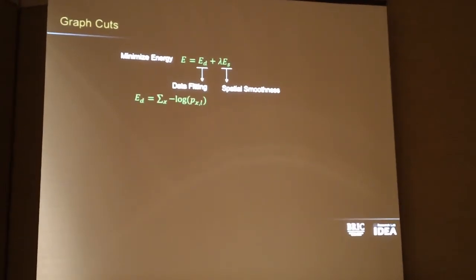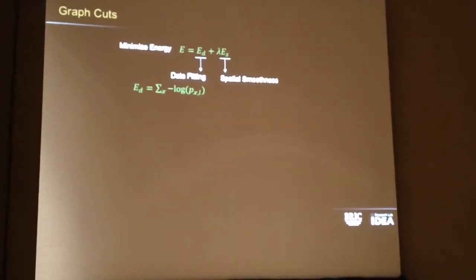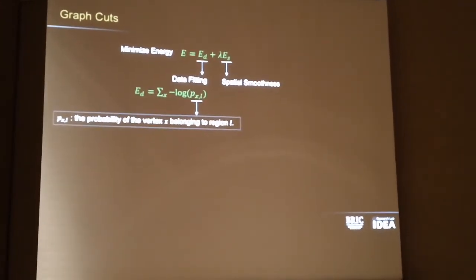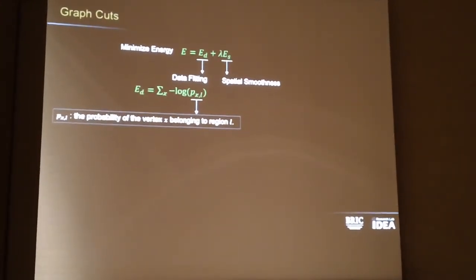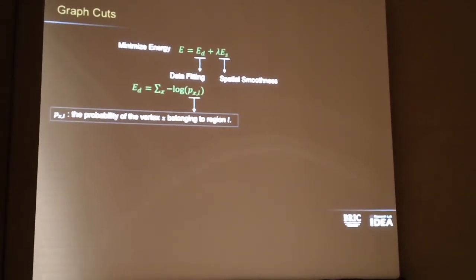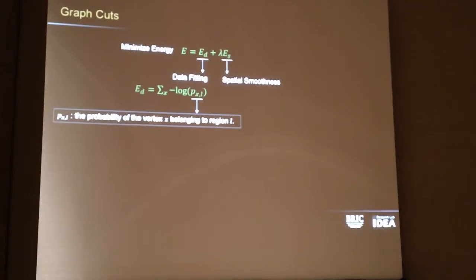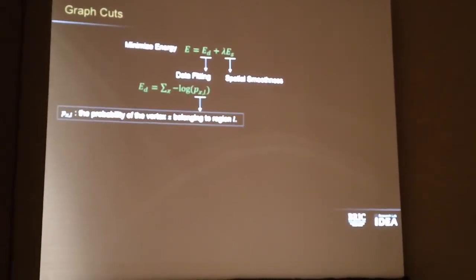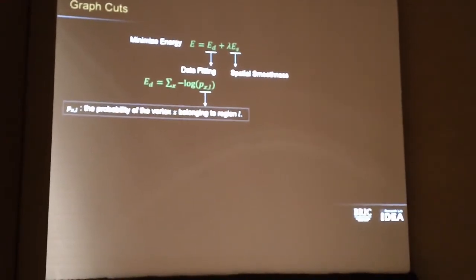The data fitting term is computed using this equation. The Pxy stands for the probability of the vertex x belonging to region L. So this probability is the output of random forest. So we can see the data fitting term means we want to make the final result as close as the output of random forest.